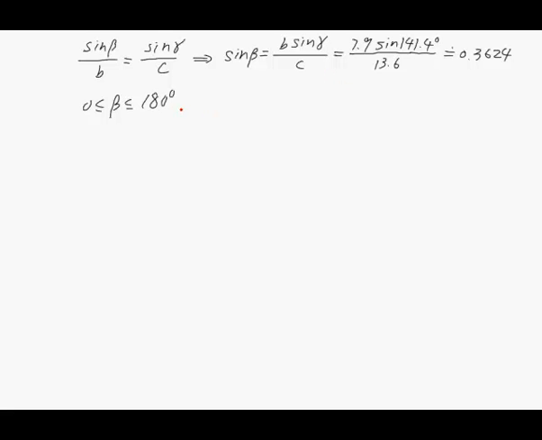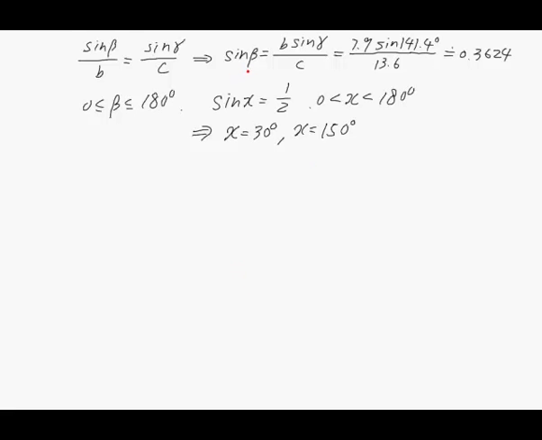For example, if you have sine x equal to 1/2, right? And x, we know, is between 0 and 180 degrees, then in this case, you may have two solutions. One is x equal to 30 degrees. Another one is x equal to 150 degrees.